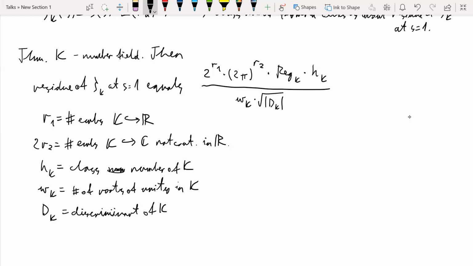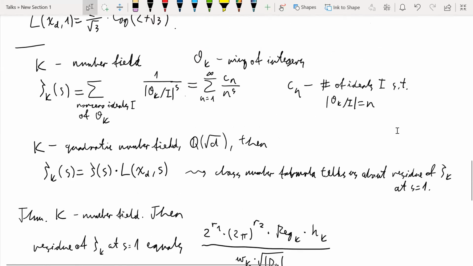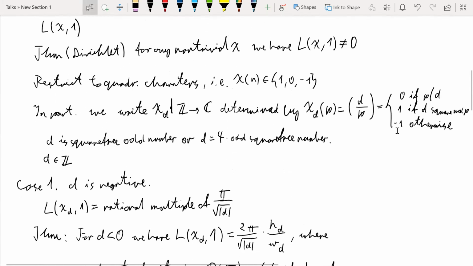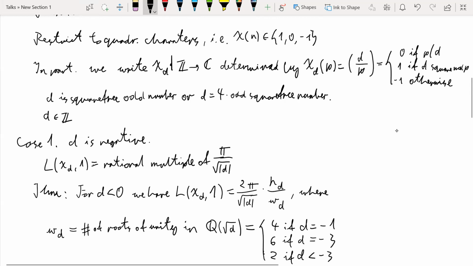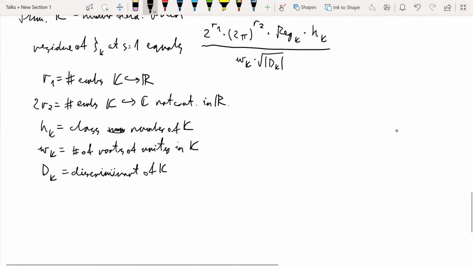So the numbers that we have restricted to earlier on, when I said it is either square-free odd or 4 times square-free odd, those are the numbers which appear as discriminants of those quadratic number fields. So our restriction was there so that when we take the discriminant of the resulting number field, the result is exactly this number D that we put in.